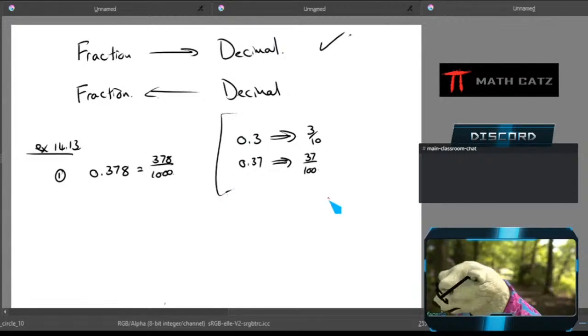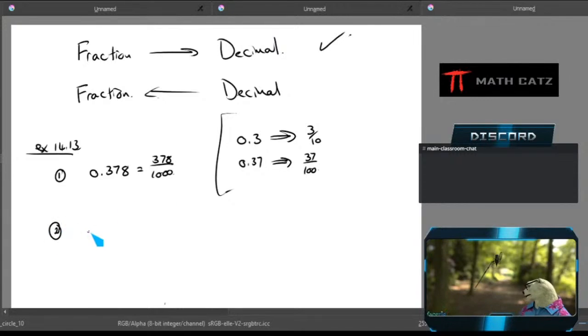This is just a side note. So it's really as simple as just putting it over the appropriate power of 10. Let's look at number 2. That 8 is in the hundredths position. It's 8/100ths.